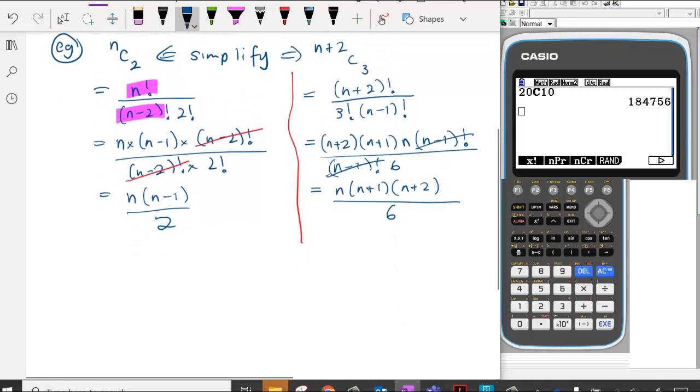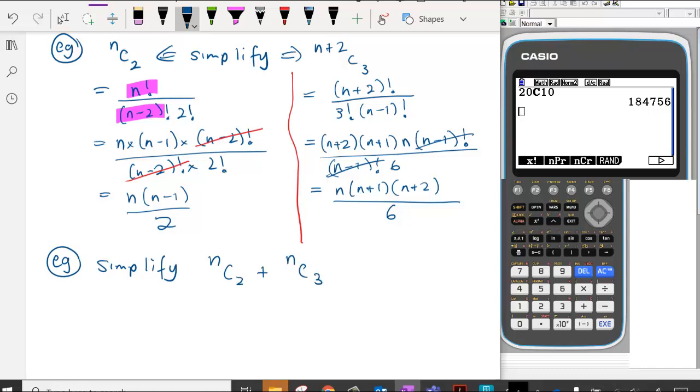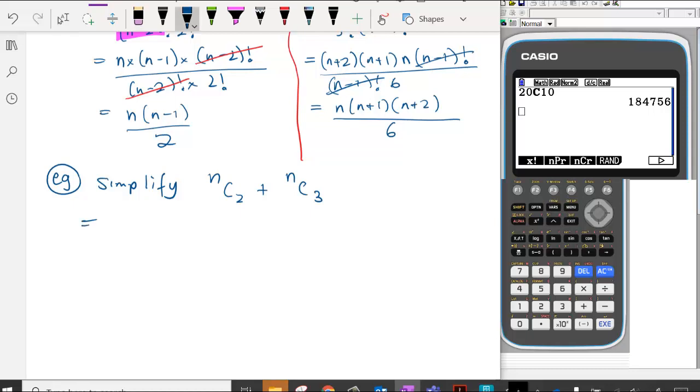This is a complex scenario. So now we're going to look at an example where we're trying to simplify, where we've got a sum. So let's say we've got nC2 plus nC3. All right. So nC2 is going to be n factorial over 2 factorial, (n take 2) factorial, and nC3 is going to be n factorial over 3 factorial and (n take 3) factorial.